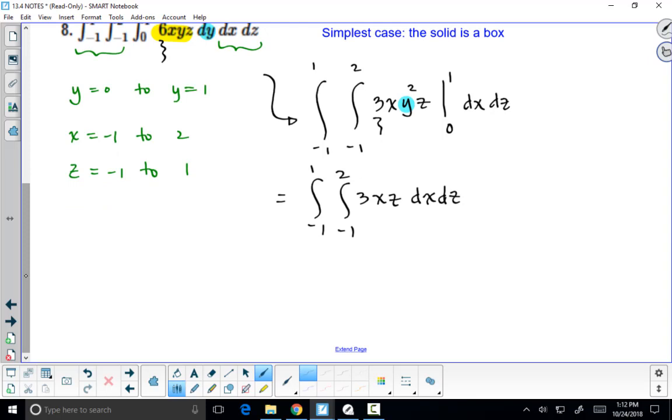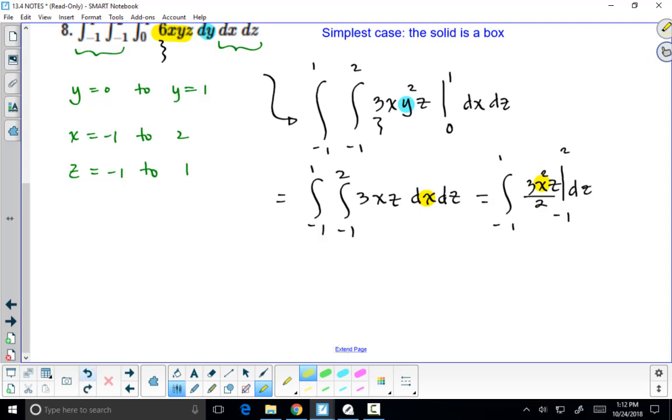Integrate that with respect to x. So now we're going to get 3x squared z divided by 2 dz, and that will be evaluated from -1 to 2. And again, just remember, we integrated with respect to x, so it's these x's that are going to get replaced with the limits of integration.